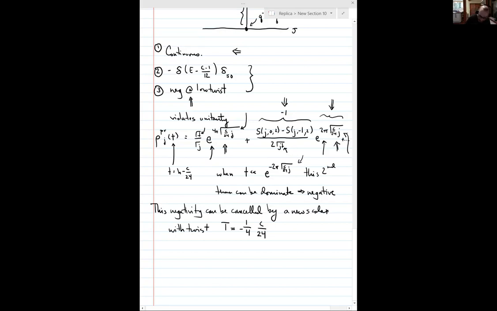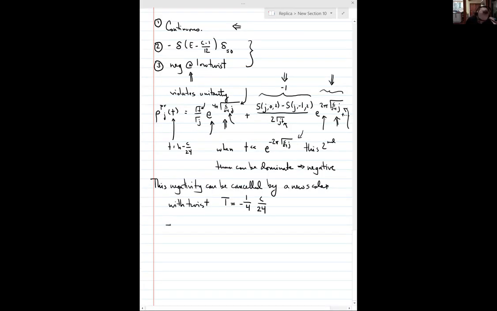So in particular, the reason why you got a c over 24 here is because you were looking at the S transform of the vacuum. What you need to do is now include a state with twist 1/4 of that, right? So the vacuum state has H equal to minus c over 24. If you want something that gives you a 2 pi instead of a 4 pi, you need a 1/4 of that.